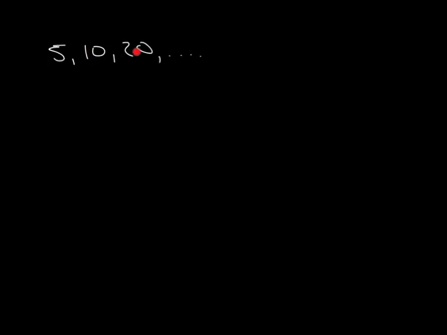Then how do I get 20? Multiplied 10 by 2. How do we get the next number? Multiply this by 2. So this one's going to be 40. How do I get the next number? This one by 2. So that's called a geometric sequence. There's always a number that you multiply by in order to get the next one.